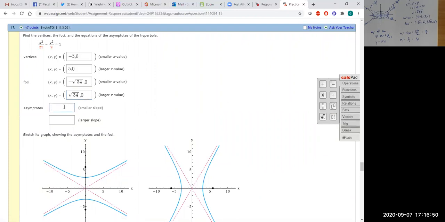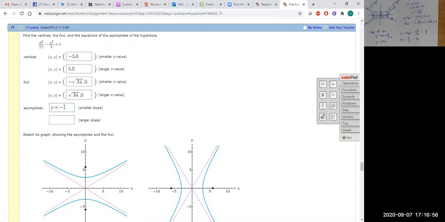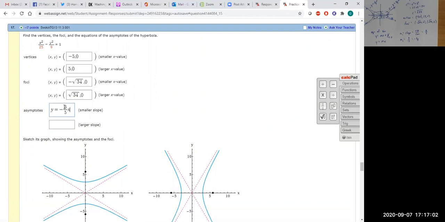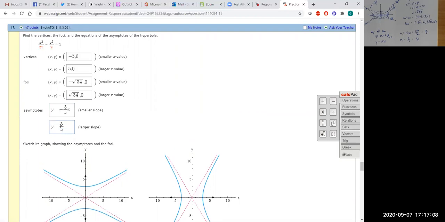Asymptotes, the smaller slope, which in this case would be the negative slope. So y equals negative 3/5 x, and y equals 3/5 x.